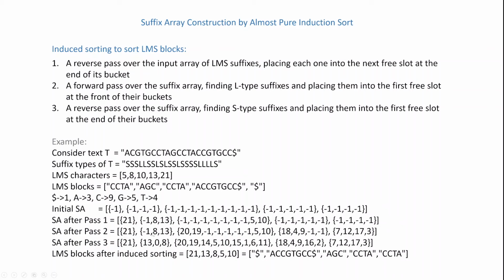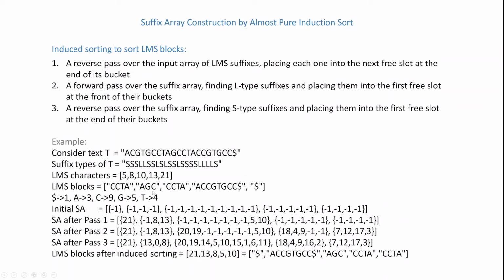So here for the C bucket we get 20 and 19 as the L-type suffixes, and then for the character G, 18, 4, 9 are the L-type suffixes, and so on. In the second pass it looks like this. And in the third pass, we do a reverse pass over the suffix array, finding S-type suffixes and placing them into the first free slot at the end of their buckets. After our third pass, the suffix array looks like this.